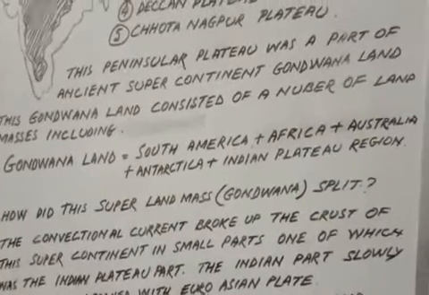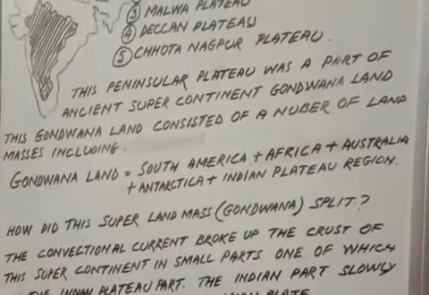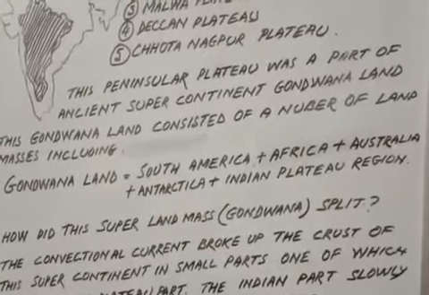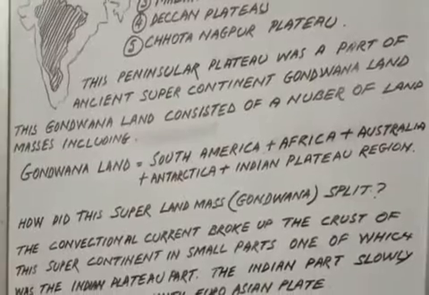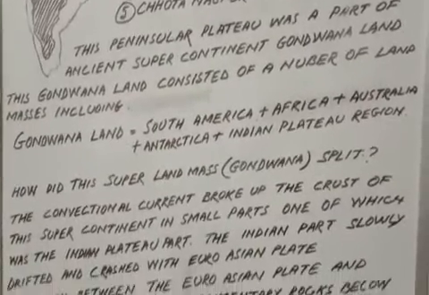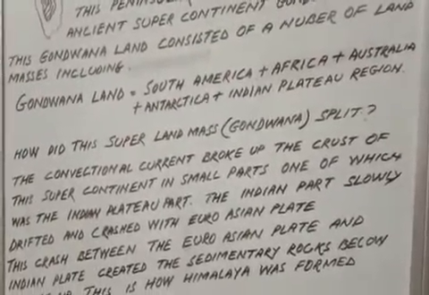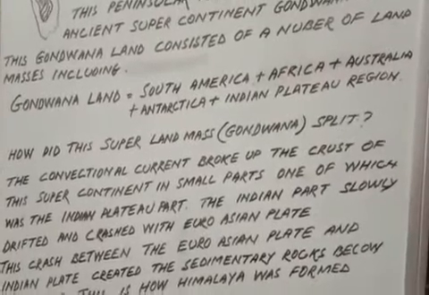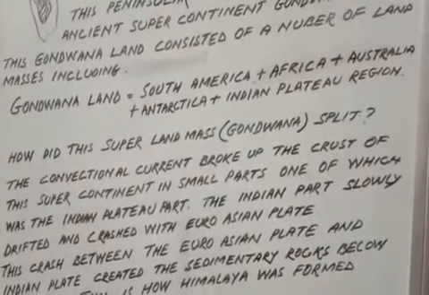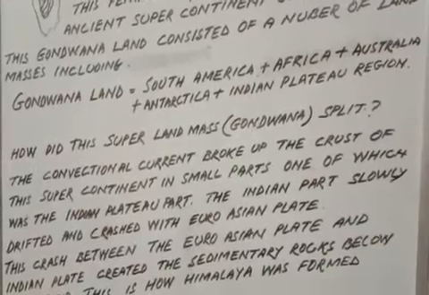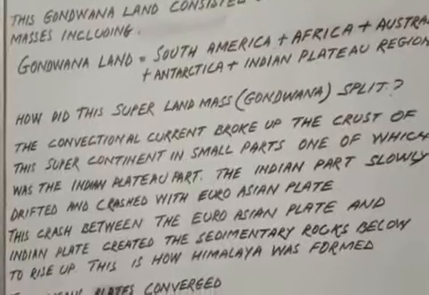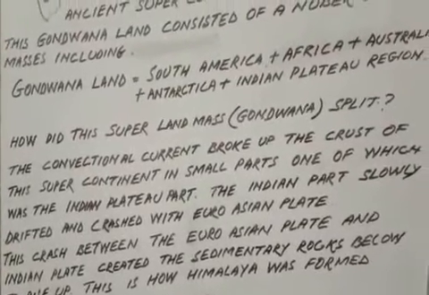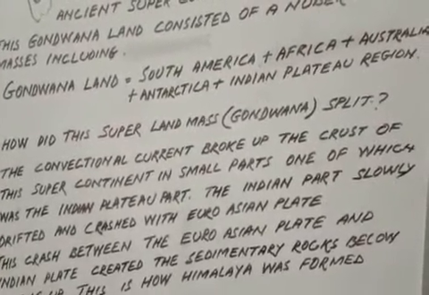If it was a part of such a huge landmass, then how did India become separate from it? Separate from Africa and Australia? We'll discuss it in this section. How did this super landmass, Gondwanaland, split or break? The convectional current broke up the crust of the supercontinent into small parts.